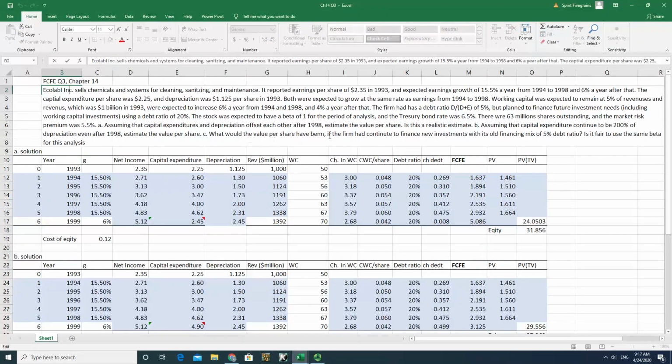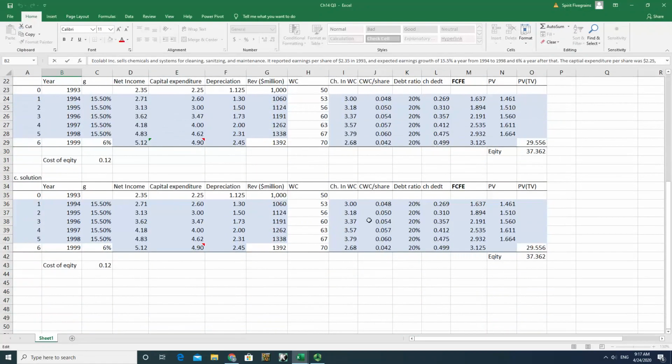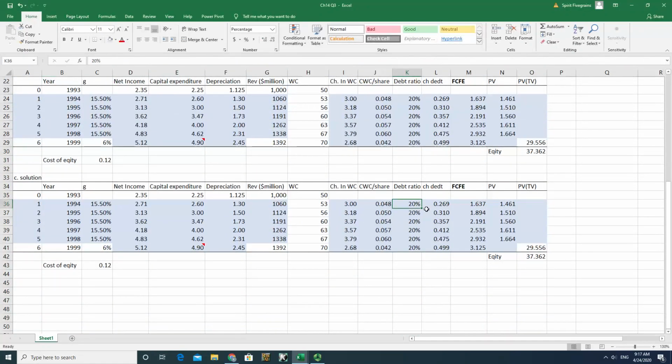What would the value per share have been if the company had to continue to finance new investment with its old financing mix of 5% debt ratio? Okay, I think this is pretty easy. You simply change the debt ratio here from 20% to 5%.